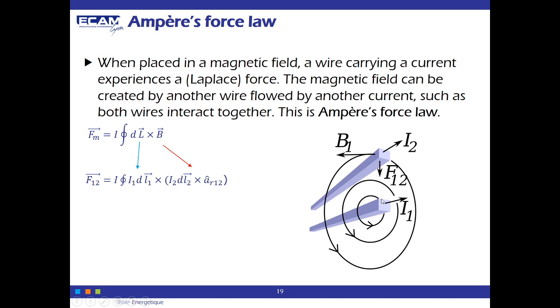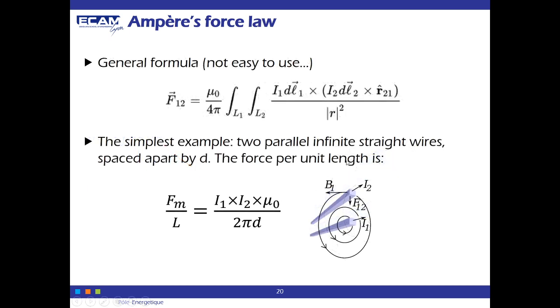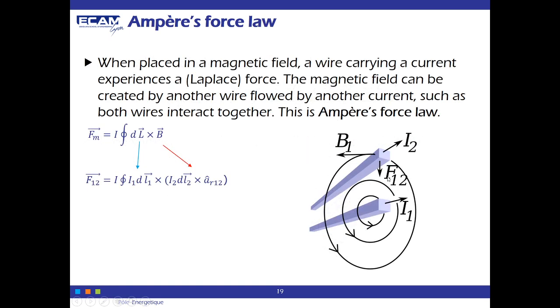You should pay attention that in equilibrium, the resulting F12, the force due to the first conductor, will be equal to the force the first conductor is experiencing due to the second one.